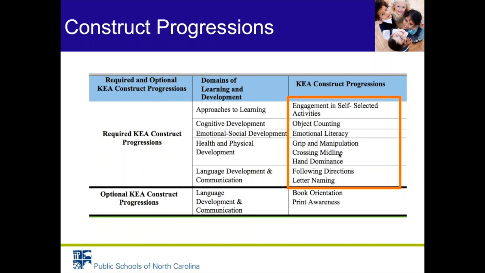Engagement and self-selected activities, object counting, emotional literacy, grip and manipulation, crossing midline, hand dominance, following directions, letter naming. Those are the 8 that are required. Book orientation and print awareness are optional, but some districts are requiring them. So if you're not sure, be sure and ask about that, please.